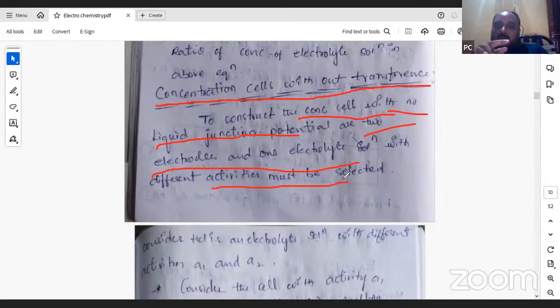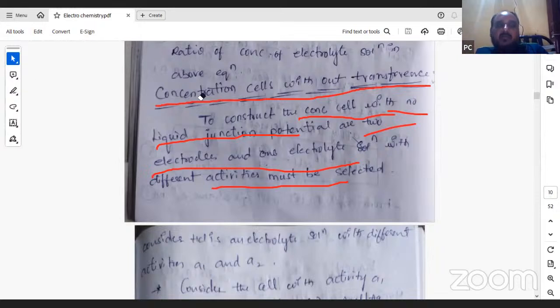In the chemical cells, two electrodes and one electrolyte. Here also two electrodes and one electrolyte. But this one electrolyte must be with different concentrations, right? Same electrolyte with one concentration, the same electrolyte solution with another concentration. So that we have to select, right?